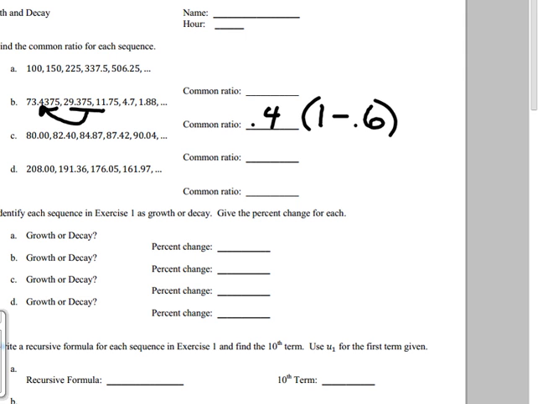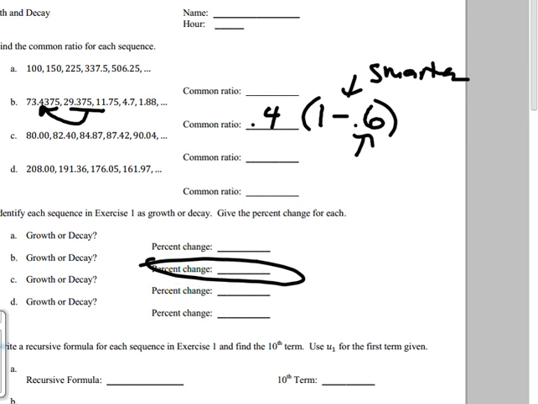Get the difference? This was smarter. Because if you just say 0.4, then later when they ask you for the percentage change, a lot of kids are going to say, oh, 40%? Wrong. If it's a 0.4 factor, then it's like 1 minus 0.6, and therefore it's 60% decay.